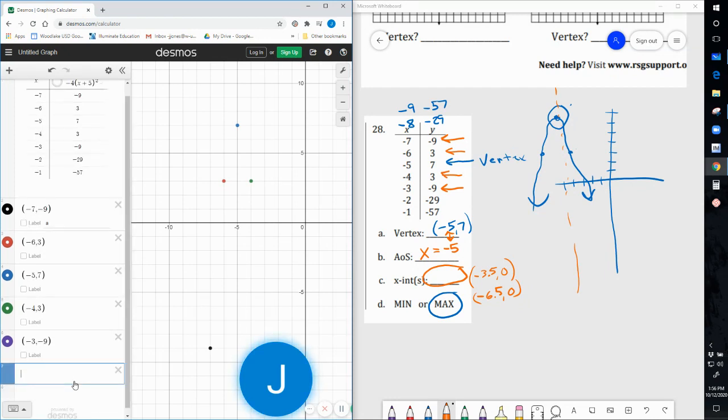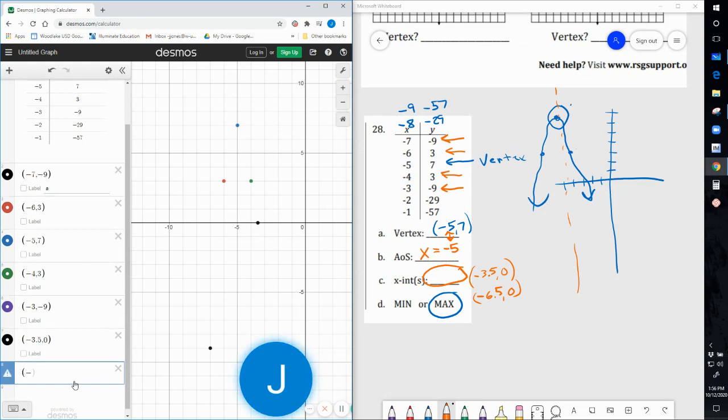So let's do -3.5, comma 0, and let's do -6.5, comma 0, and you'll see these dots right here.